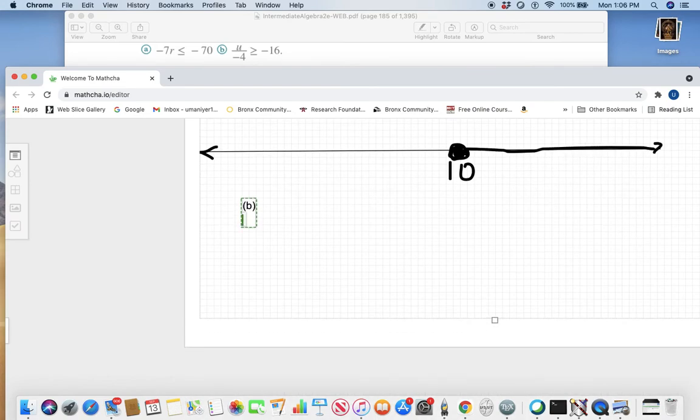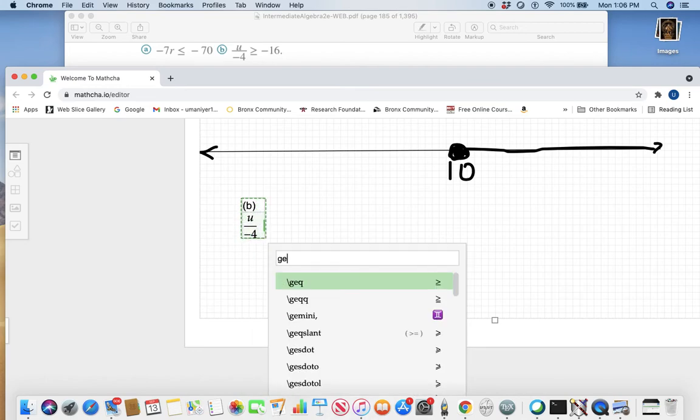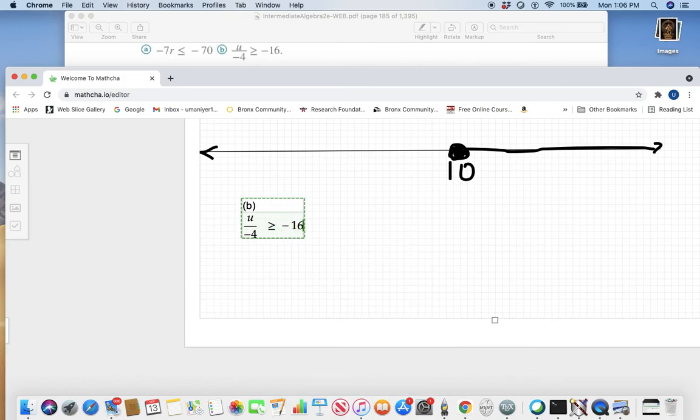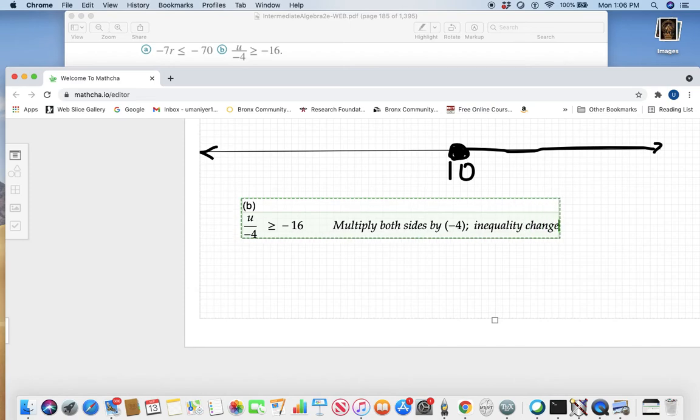Okay, it's a fraction. u over negative 4 is greater or equals negative 16. So notice I want to get rid of that negative 4, so multiply both sides by negative 4. Well, if I multiply by a negative number, the inequality changes.